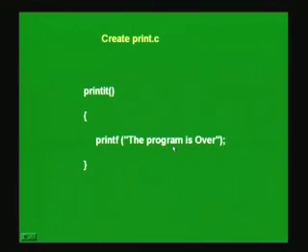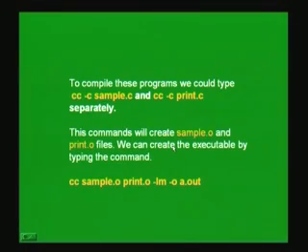So that's what this function is going to print. We will just see this program and we will see how it can be compiled and how it can be run, etc.